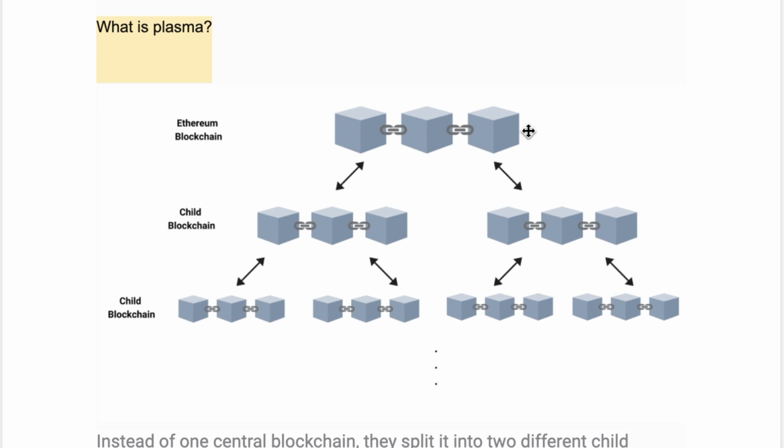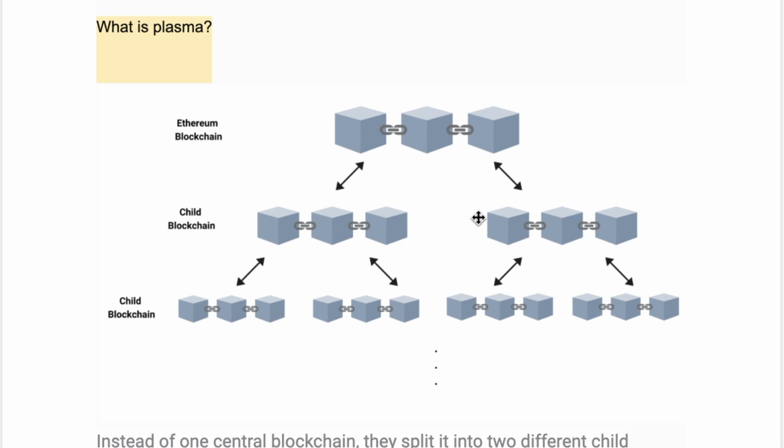Here you've got the Ethereum blockchain, and underneath of the Ethereum blockchain you've got two child blockchains, and these will be the sidechains, and these sidechains each have again two other sidechains. And the idea, if we use the Ethereum blockchain as an example, such a framework is designed to help and operate as a blockchain tree.